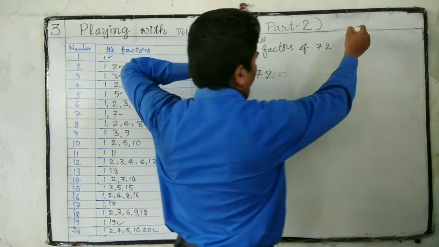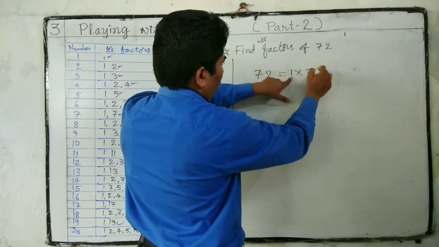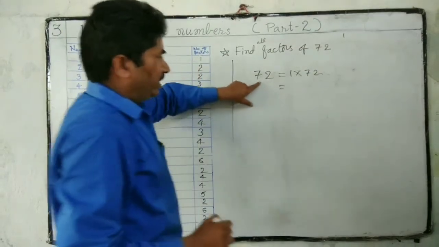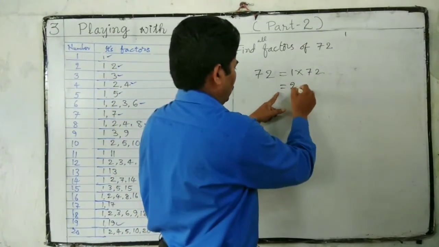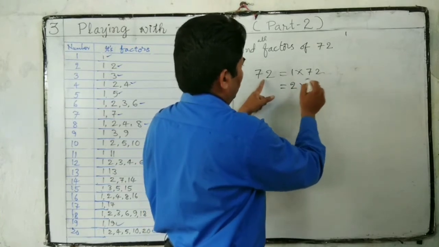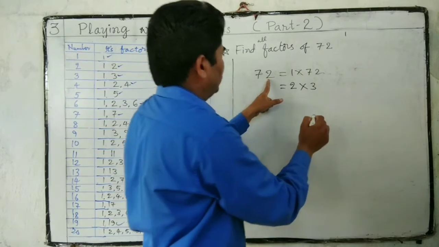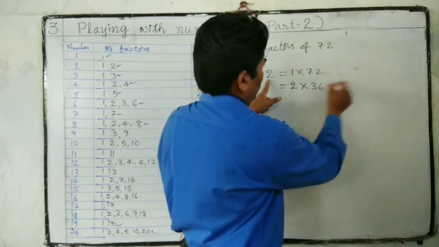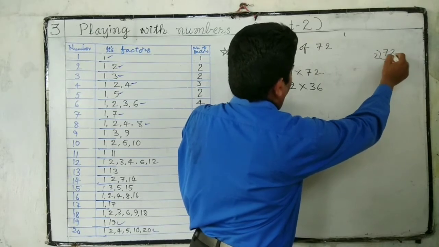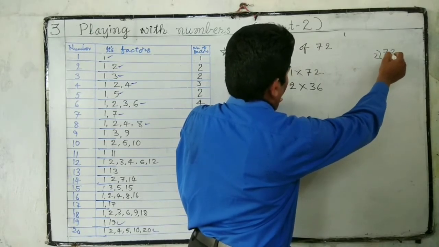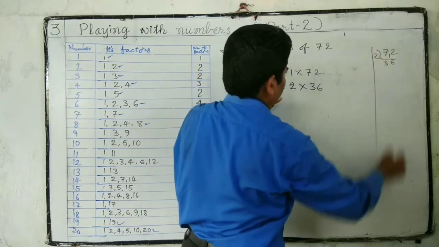1 is a factor of every number, so that's why we can take 1 and 72. Next, it is an even number, so we can take 2. 2 3s are 6, 2 1 remainder, 2 6s are 12, like this we can test.